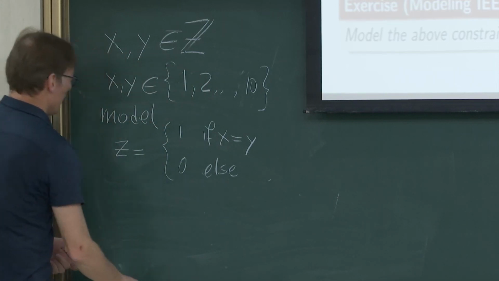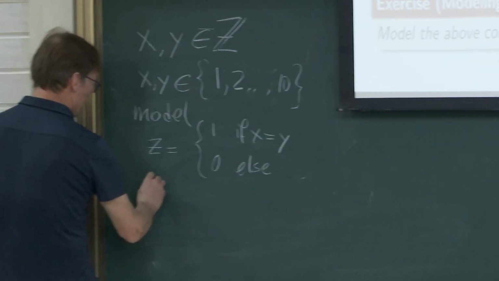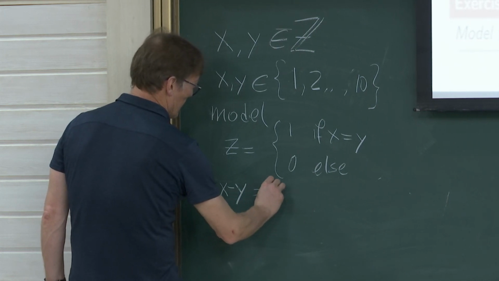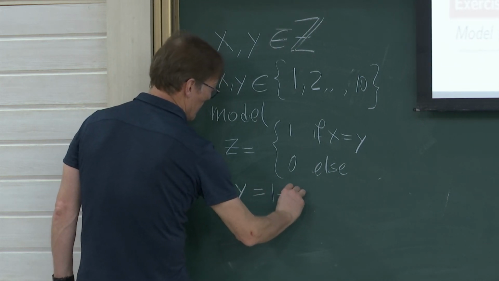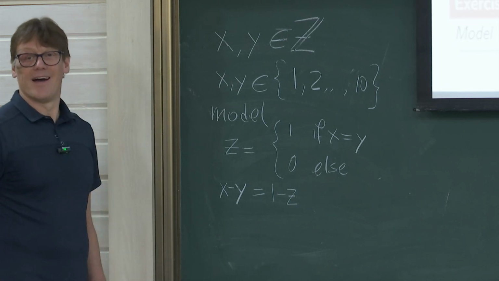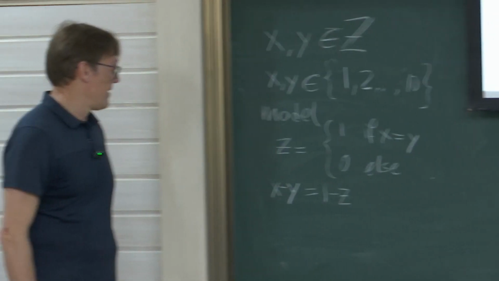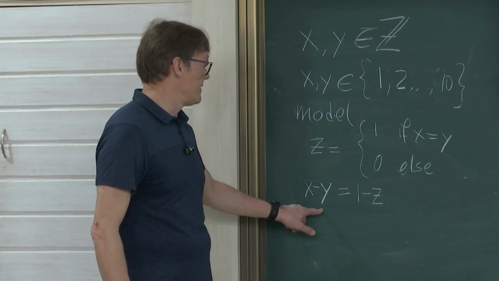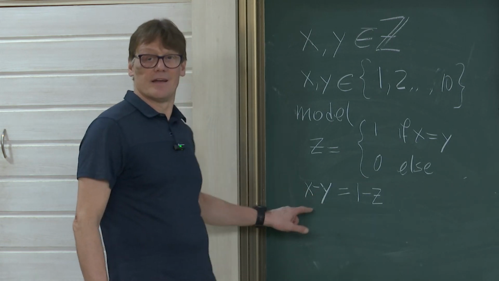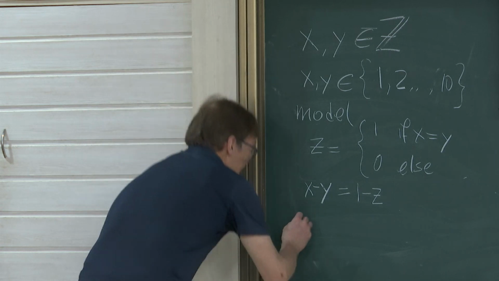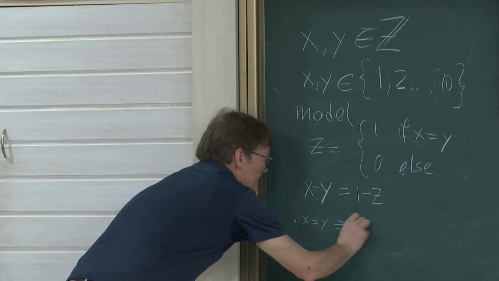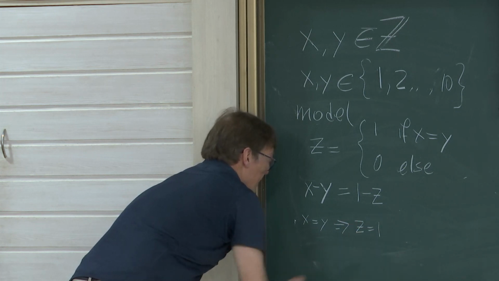So you're saying x minus y is equal to 1 minus z. Almost similar. So whenever x is equal to y, then z is equal to 1. So the first case is x is equal to y implies z is equal to 1.